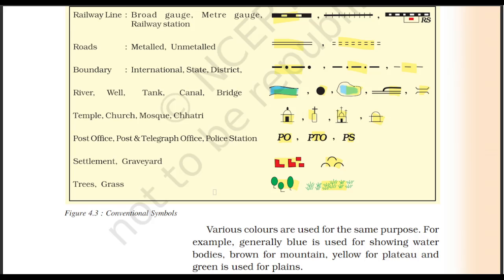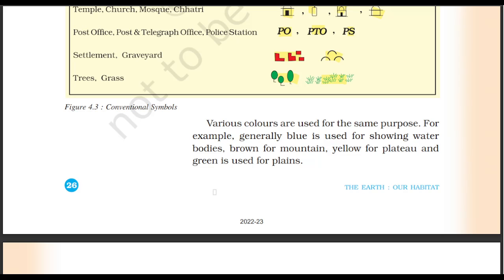For example, generally blue is used for showing water bodies. Brown is used for mountains. Yellow is used for plateaus and green is used for plains. These are the color symbols.